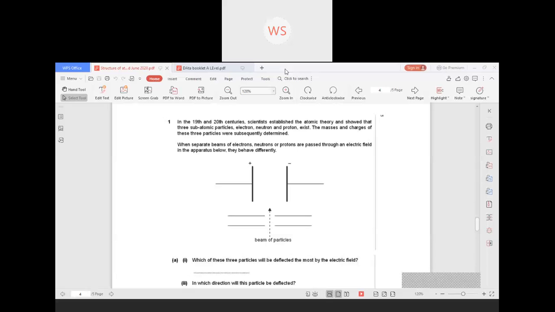When separate beams of electrons, neutrons, and protons are passed through an electric field in the apparatus below, they behave differently. Which of these three particles will be deflected the most by the electric field?